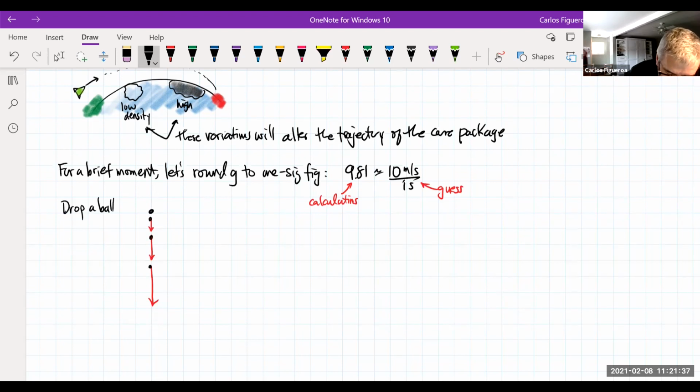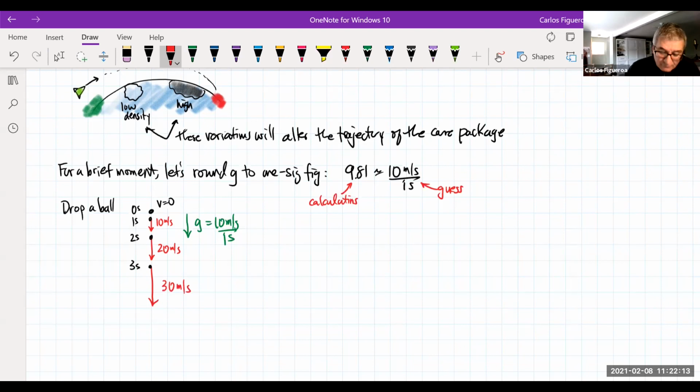If this starts off at 0 seconds and it goes to 1, 2, 3 seconds, and I have an acceleration of g equals 10 meters per second every 1 second, you could see that if I start off at a speed of 0, when I get to 1 second, it has to change by 10 meters per second. When I get to 2 seconds, it's got to change by 20 meters a second. When it comes to 3 seconds, it's got to change to this.